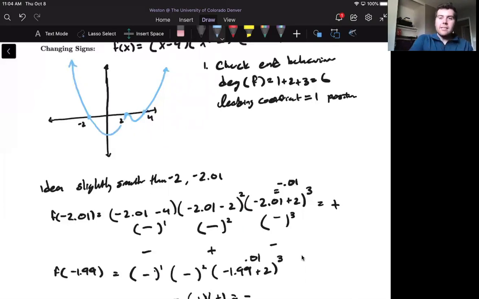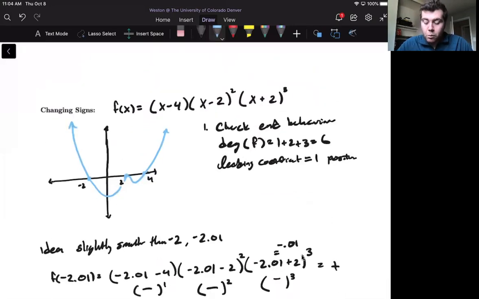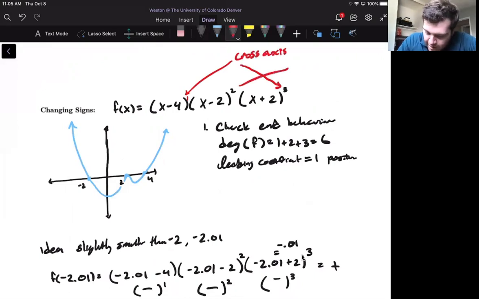This reasoning is a little complicated, but there's a general rule overall. If we have an odd power, like here we have a power of 1, and here we have 3, then we cross the axis. And with a 2, since it's an even power, we bounce at the axis.